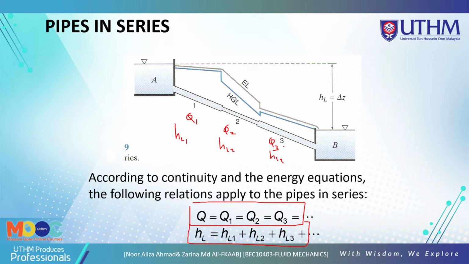If there are 4 or 5 pipes in series, you keep adding. This is the basic assumption of pipe in series.